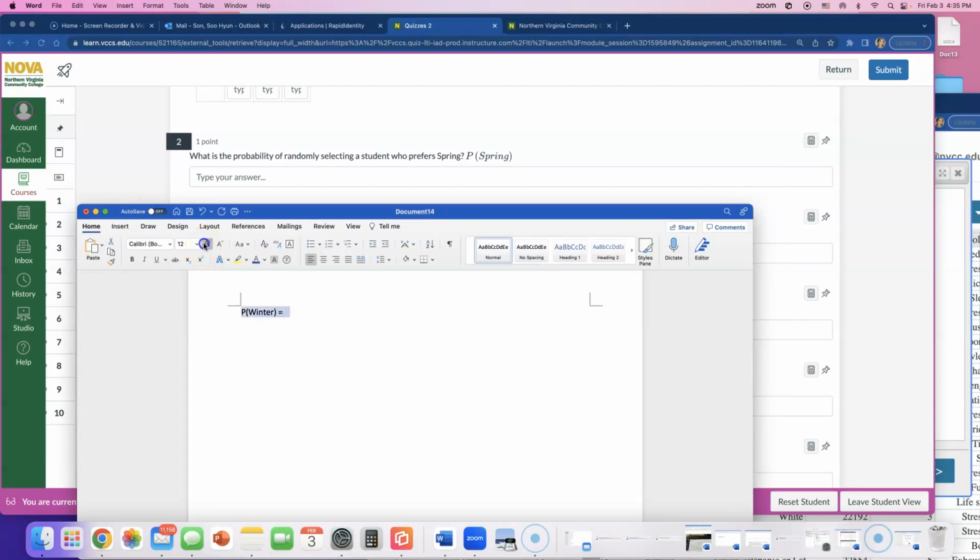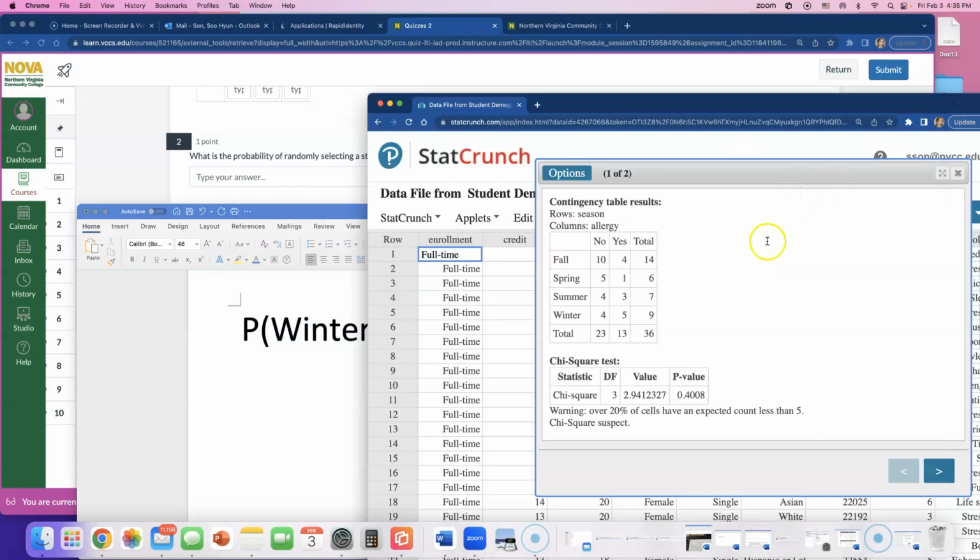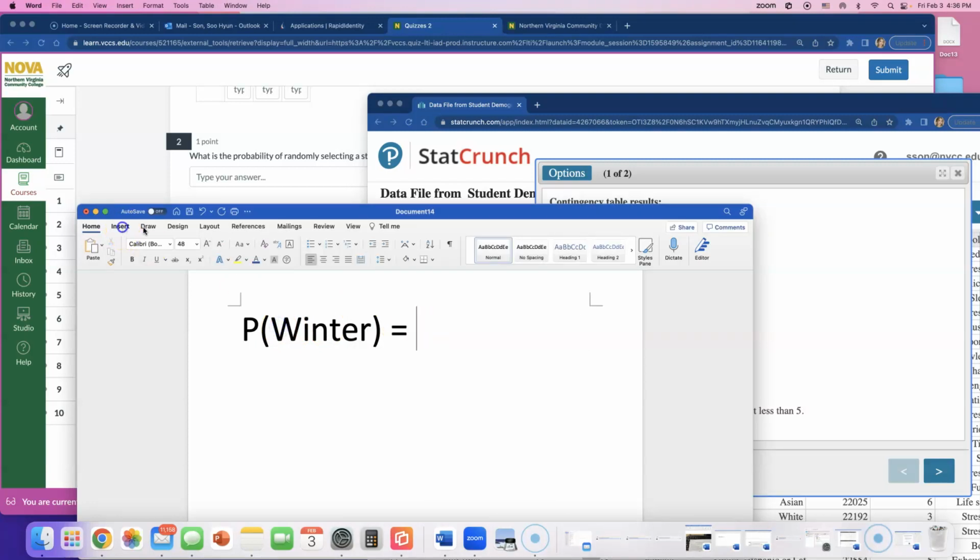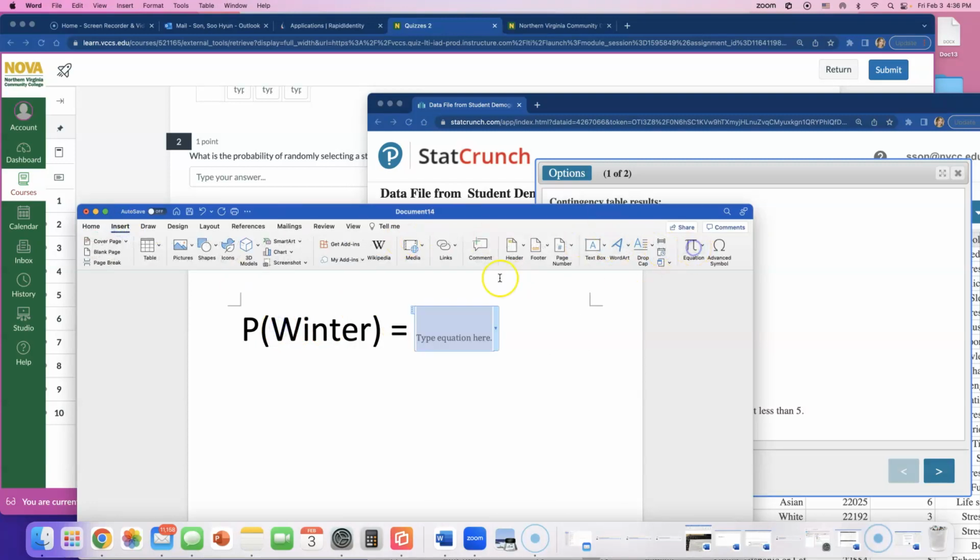Notice that's the notation, the probability of preferring winter. How many people like winter if you look at this table? This is the row for winter, and if you go all the way to the right side, it says 9 students prefer winter. 9 out of how many total? 36. So the answer is going to be 9 out of 36.